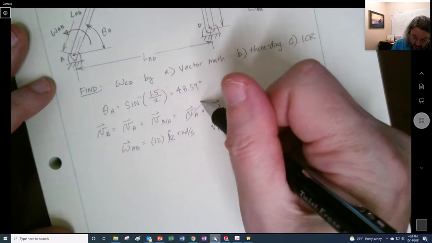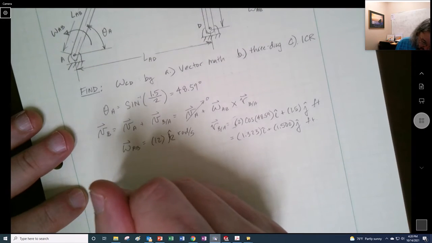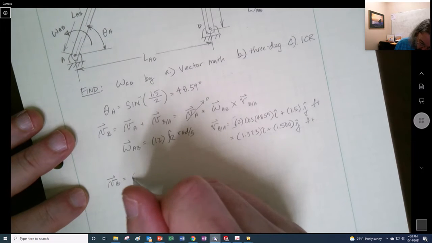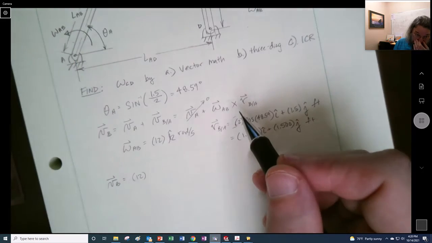And we know that A's velocity is equal to 0. A doesn't move. So we can find the velocity of B is equal to 12 times this, and we can cross this, so we can skip a step.